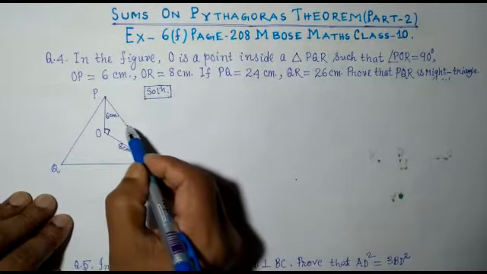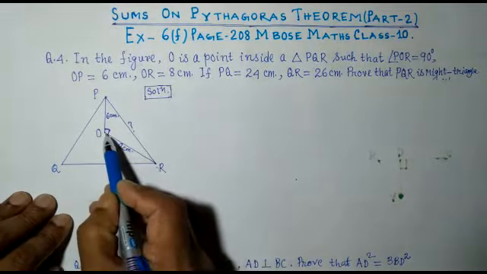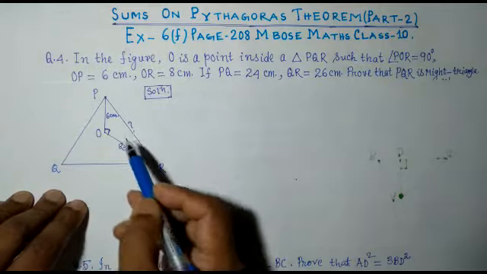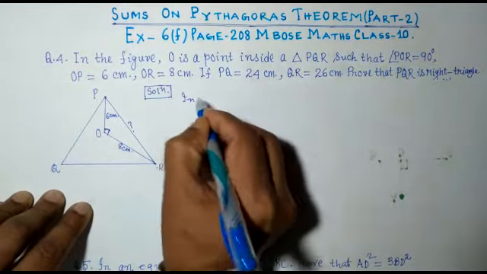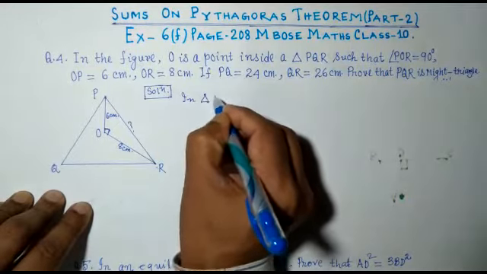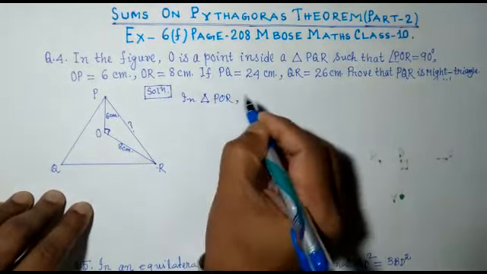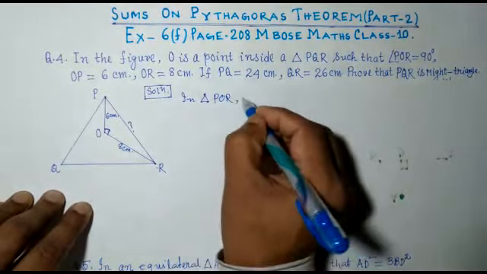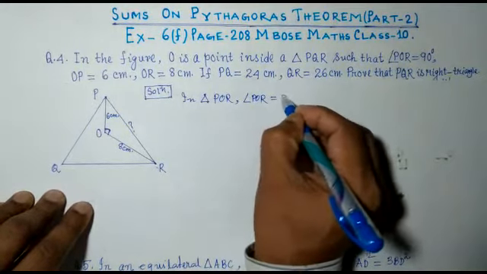So we can find this PR. PR will be the hypotenuse because this is the right angle. Angle POR is 90 degrees. So we find the hypotenuse PR. We write in triangle POR, angle POR is 90 degrees, that is given in the question.